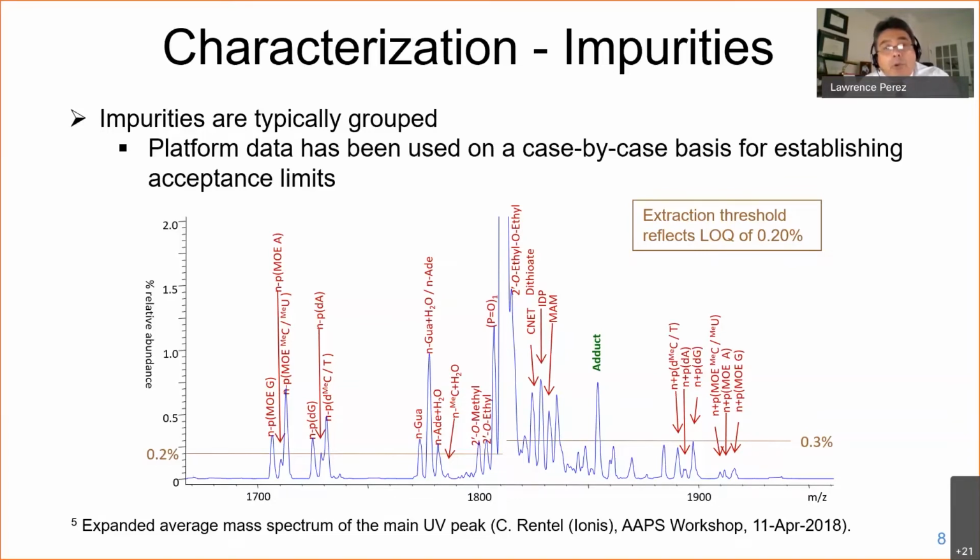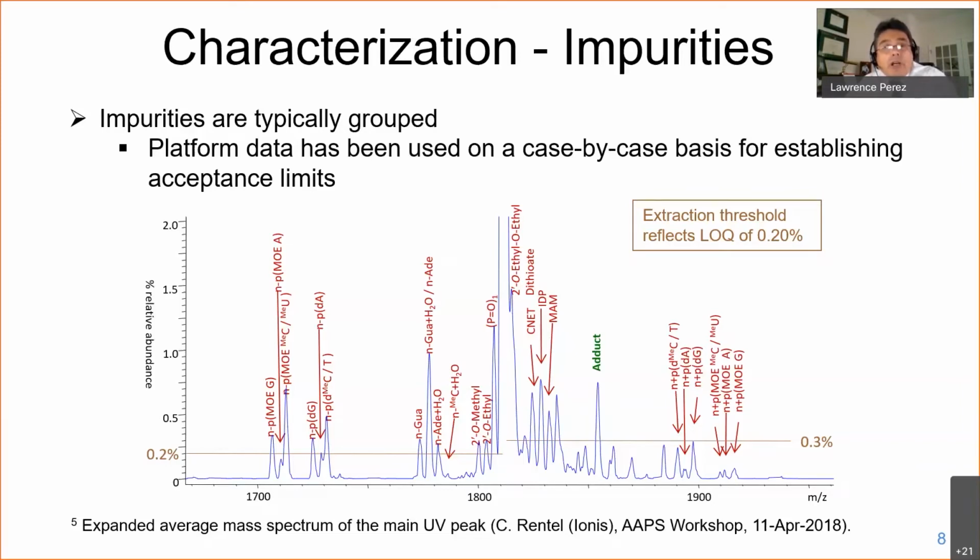But there is a lot more other data that goes into the acceptance limits than just the manufacturing capabilities as represented by this chromatogram here. For instance, toxicology data is part of the acceptance limit selection, as well as stability data, safety data, and more importantly, the planned clinical dose.